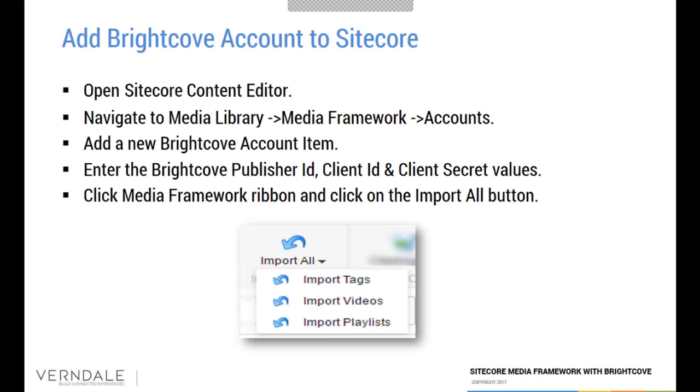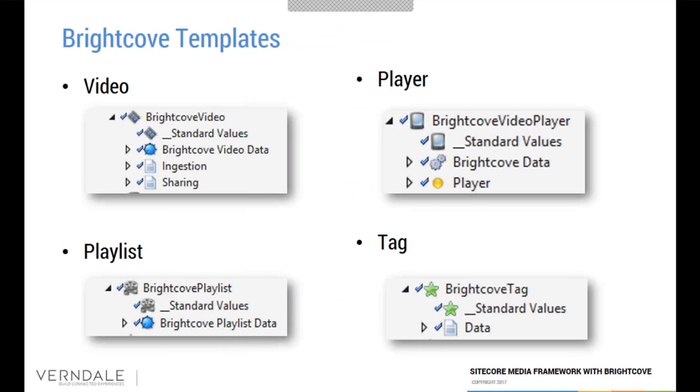Now let's see what the main important templates or items for Brightcove are. These are the four main important templates or items. The first one is mainly the video, where we have all the video related fields, Brightcove video data ingestion, sharing.